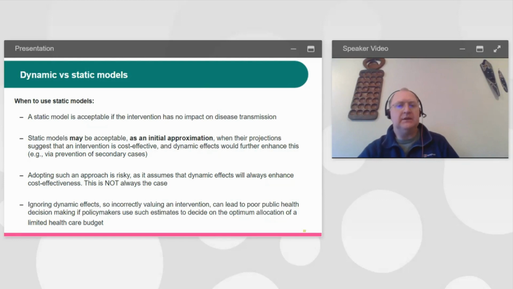That approach, however, is very risky. Without actually doing the modeling, it is not always intuitively obvious how including dynamics in the transmission model will impact the cost effectiveness analysis, for instance. And it does not always enhance cost effectiveness.